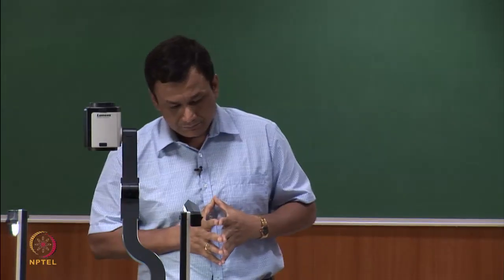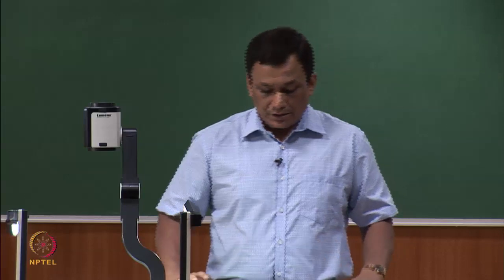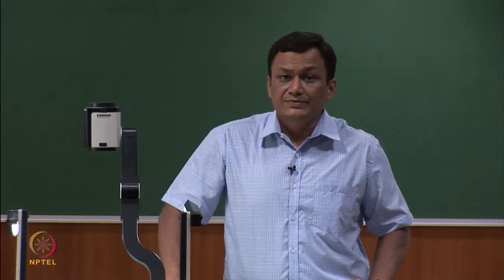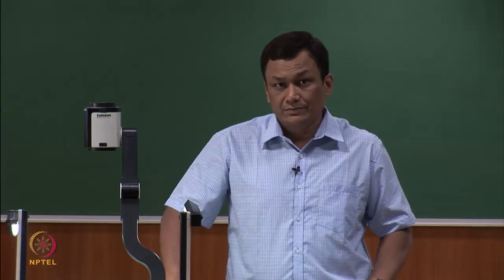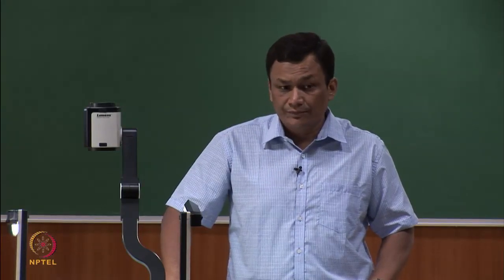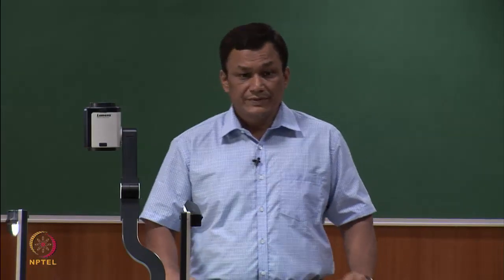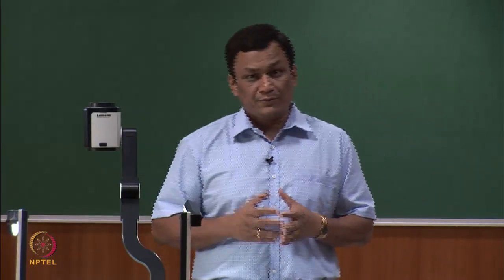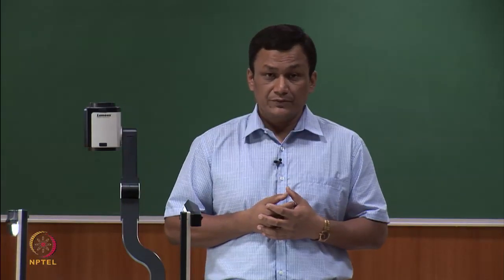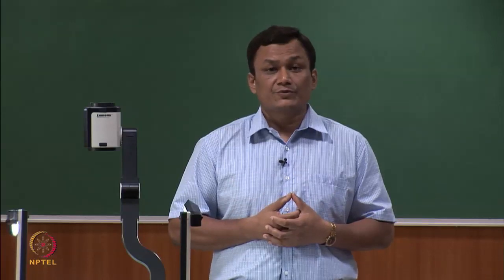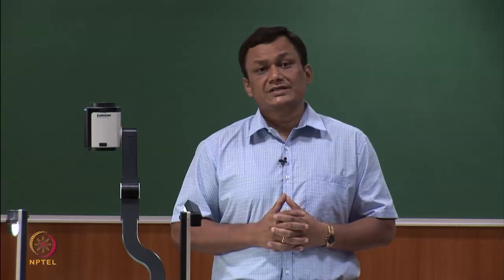Now, when practical application comes, that time we generally know the desired yarn count. In a spinning industry, we have to produce yarn. So, generally what is the count of yarn that we have to produce? This information is generally known.